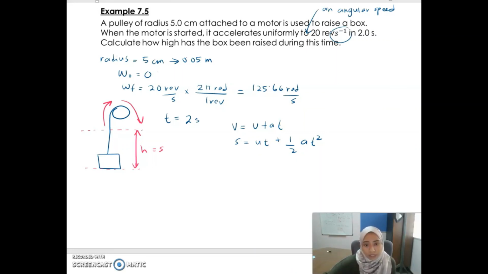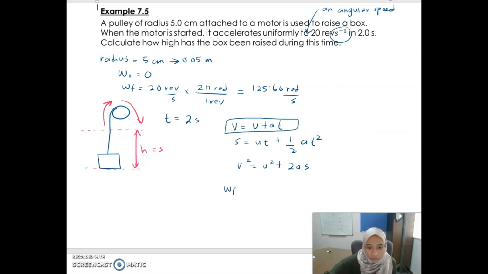I don't know what my a is, but I know what my t is. But I want to solve for s. So v squared equals u squared plus 2as. I don't know what my a is. I don't know what my s is. So either way, I still have to solve for my alpha, right? I have to solve for alpha to get my s. So let's use the easiest one. I like to use this one.